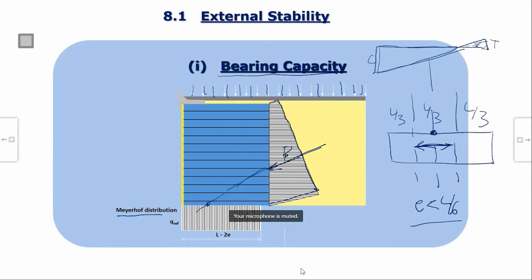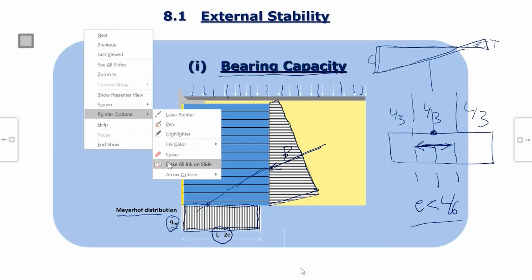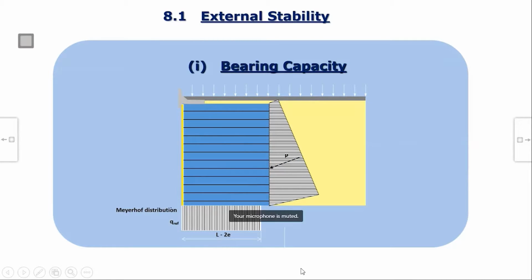It says that out of this total length L, if E is eccentricity, you neglect 2E and you assume that your force is acting on L minus 2E length only, and the force divided by the area corresponding to L minus 2E will give you the maximum compressive stress. So you calculate L, then L minus 2E, and that gives you the maximum compressive force here. That must be less than the safe bearing capacity of this soil. So that is the bearing capacity check.